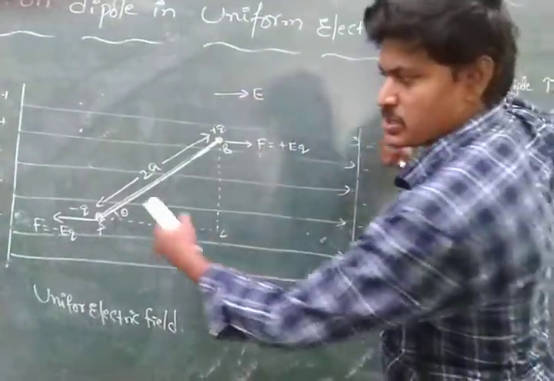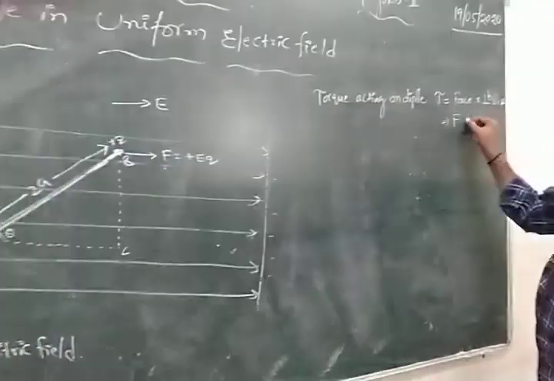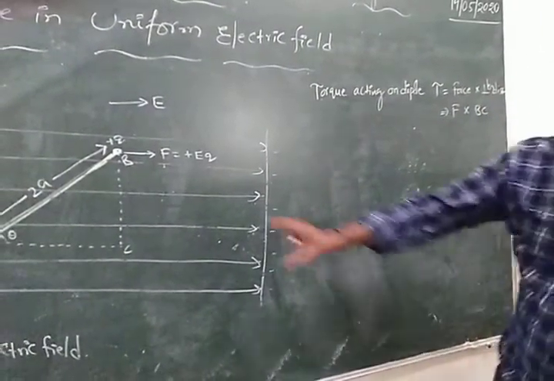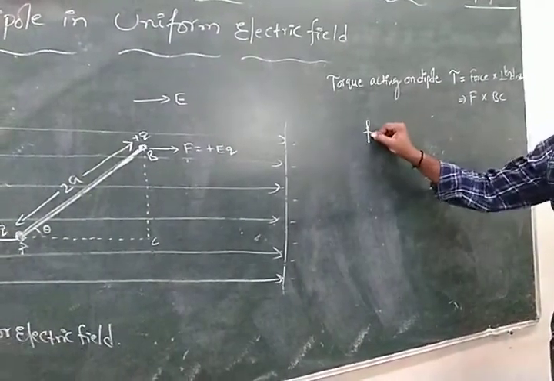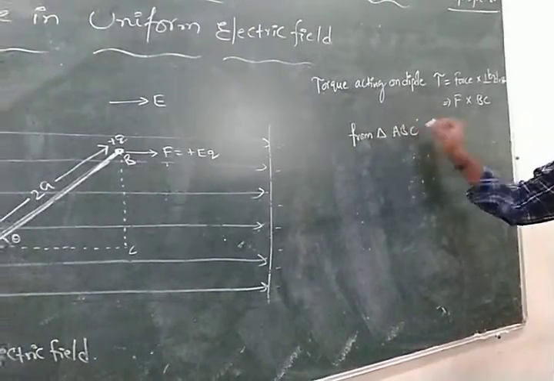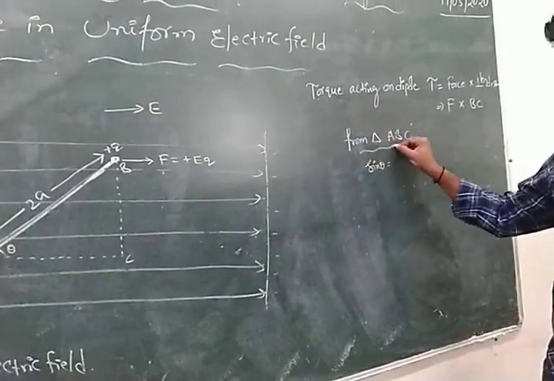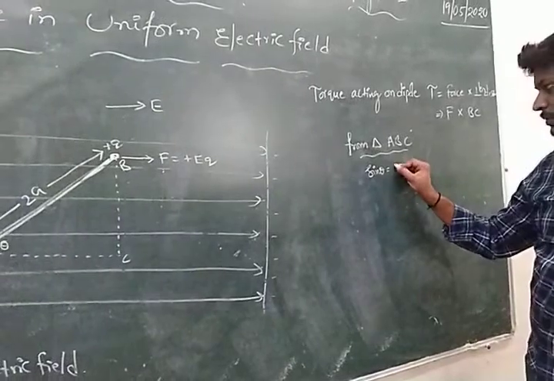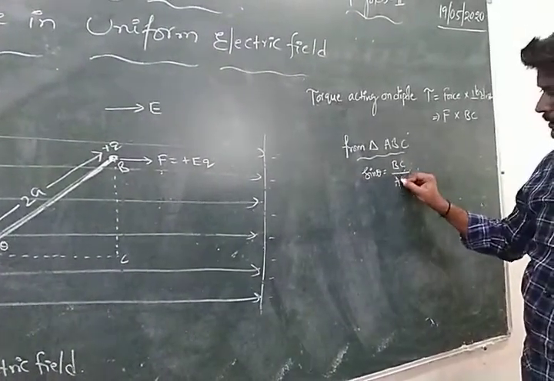From triangle ABC, sin theta is equal to the opposite side BC divided by the hypotenuse AB.